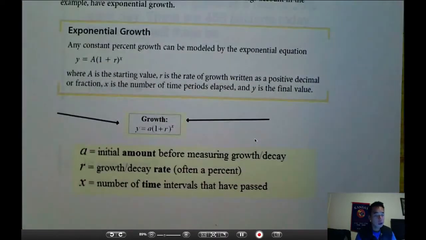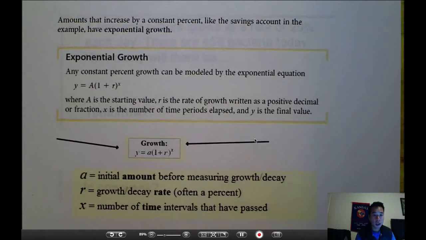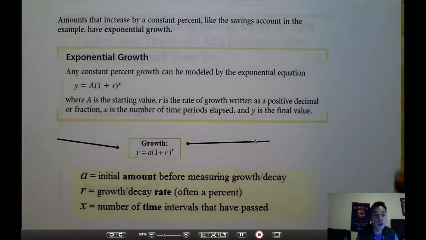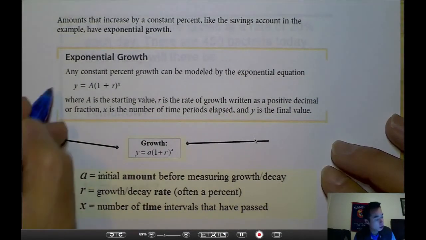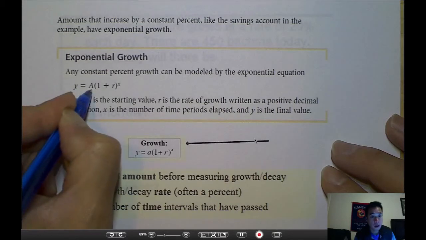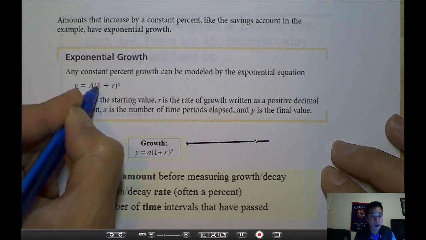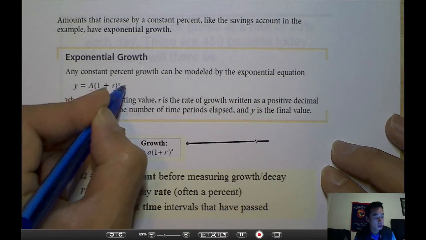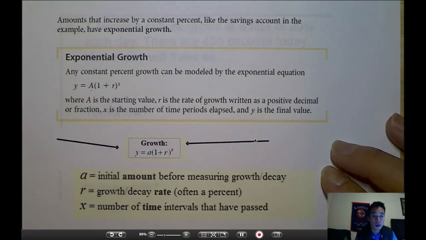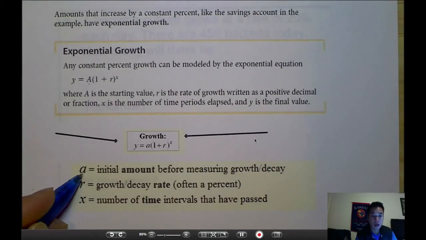But today we're going to get a little bit more in depth, in the fact that we have a formula. The formula for exponential growth is y is equal to a times the quantity of 1 plus r to the power of x. Go ahead and write that down real quick. Where a is your initial value, or the initial amount that is given to you, usually in the story itself.